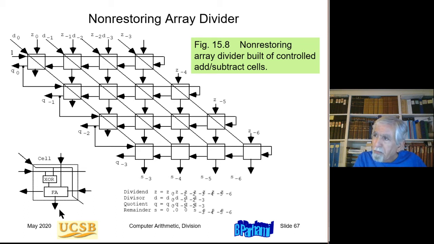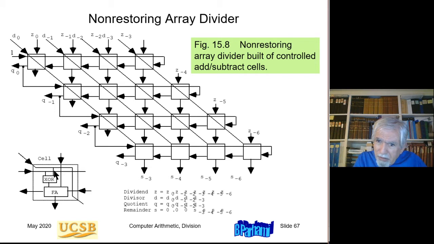Remember that in non-restoring division, we need to do addition or subtraction in each cycle. So we do addition by sending 0 on this line. When 0 goes on this horizontal line, then basically this operand is forwarded and this full adder does addition.